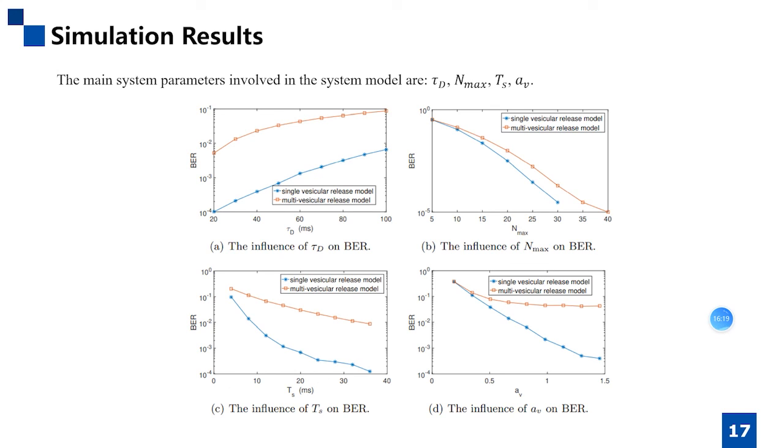In terms of the response to a single spike, MVR has a higher accuracy rate, but for longer signals, the MVR model has a higher bit error rate, which is its disadvantage. And in the following research on vesicle release models, this is the area that needs to be improved.